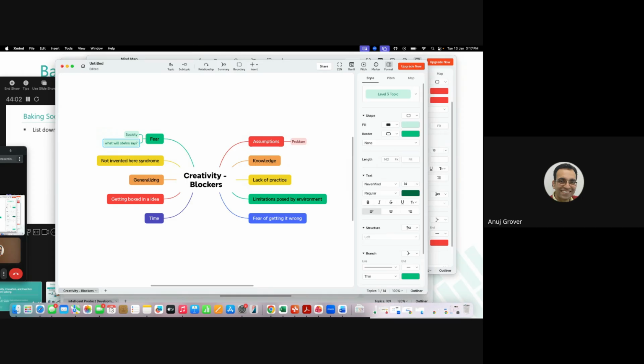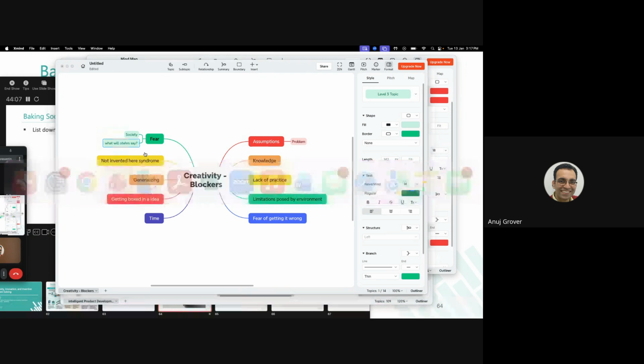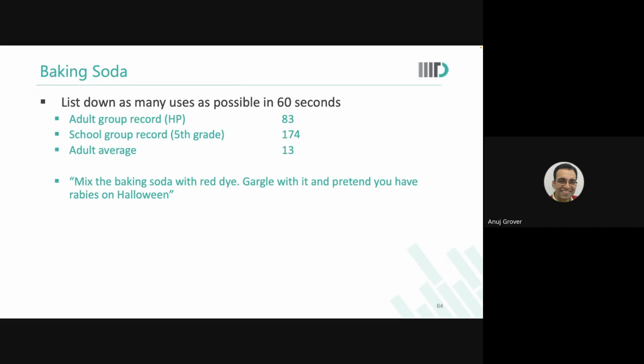So before we go further, let me share with you what these people did. When this exercise was given to different groups, an adult average was around 13.